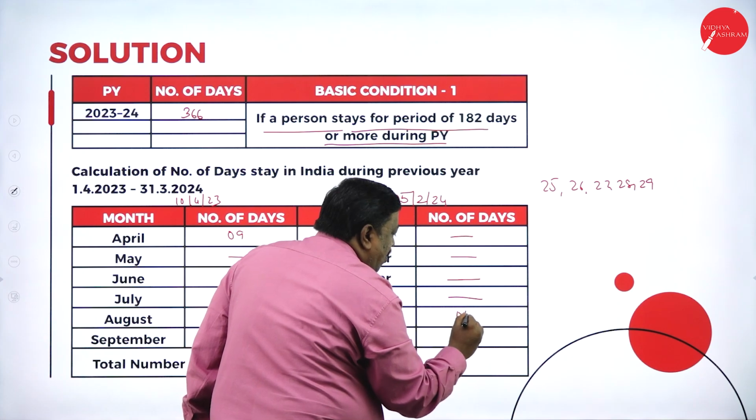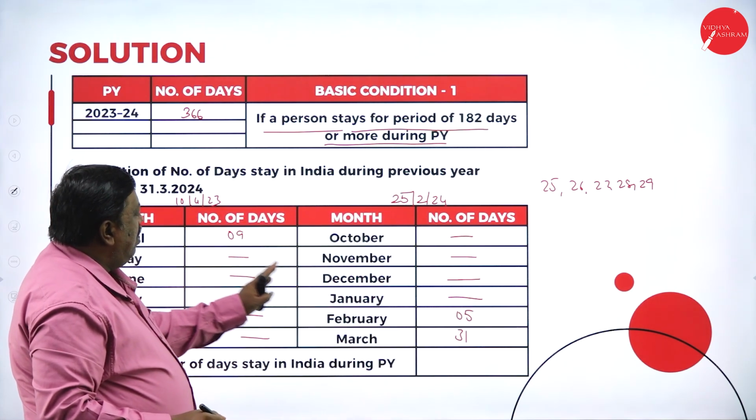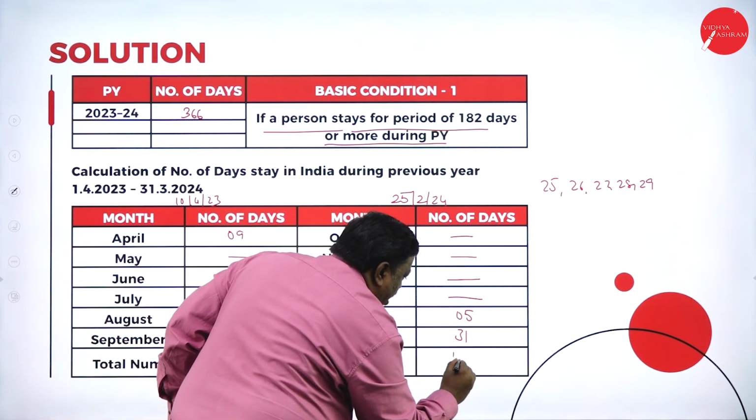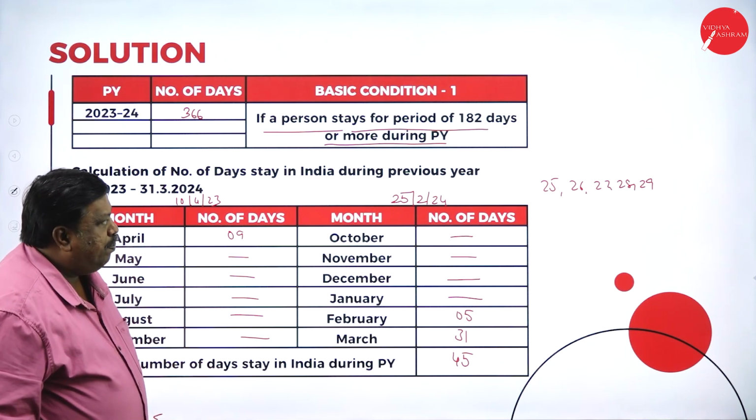So I was in India for 5 days, and March 31. So totally 31 plus 9, 40, 45 days. So I was in India for only 45 days during the previous year.